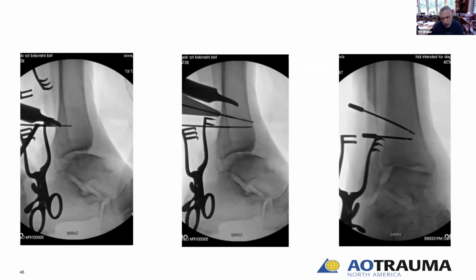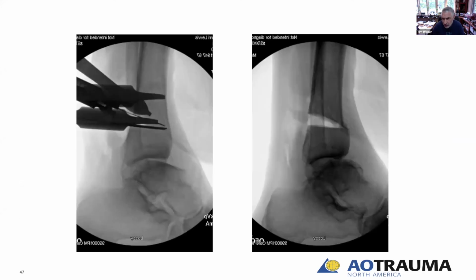So we decided to do a posterior closing wedge osteotomy of about 15 degrees here, using 2.0 drill bits as our guides, and then our osteotomy with the wedge removed.